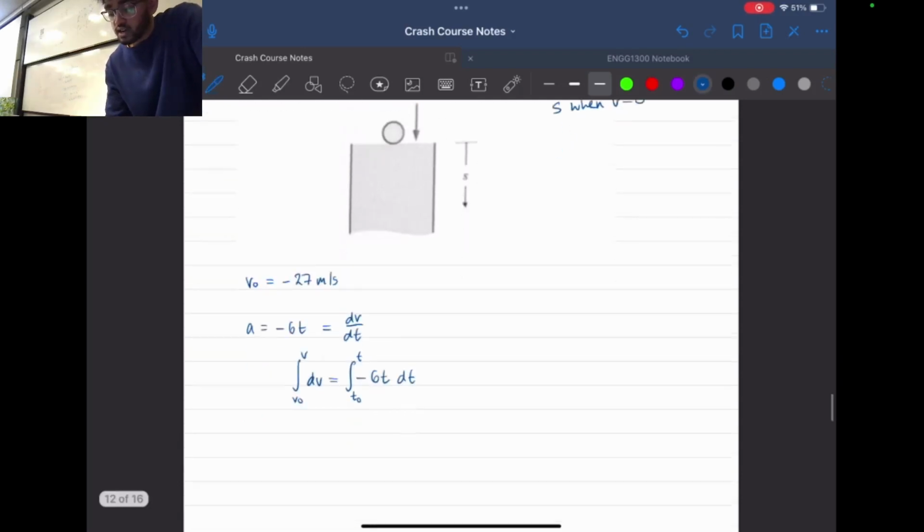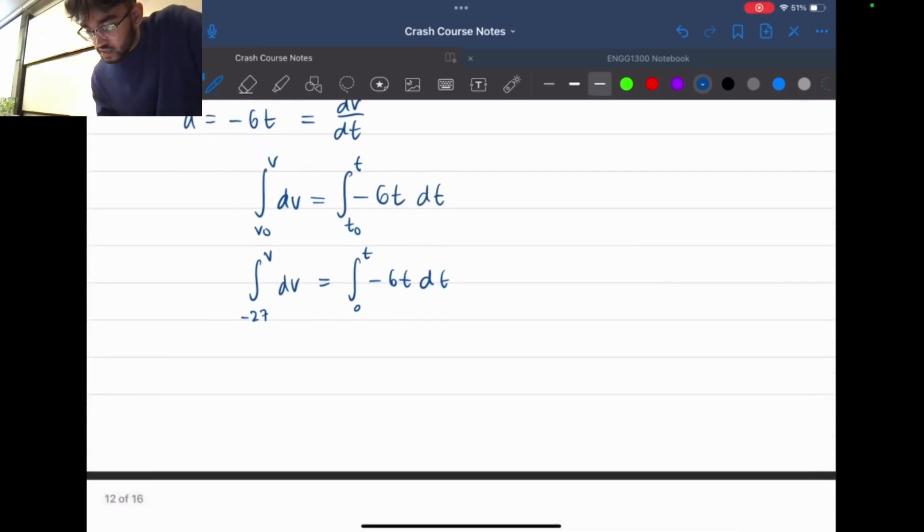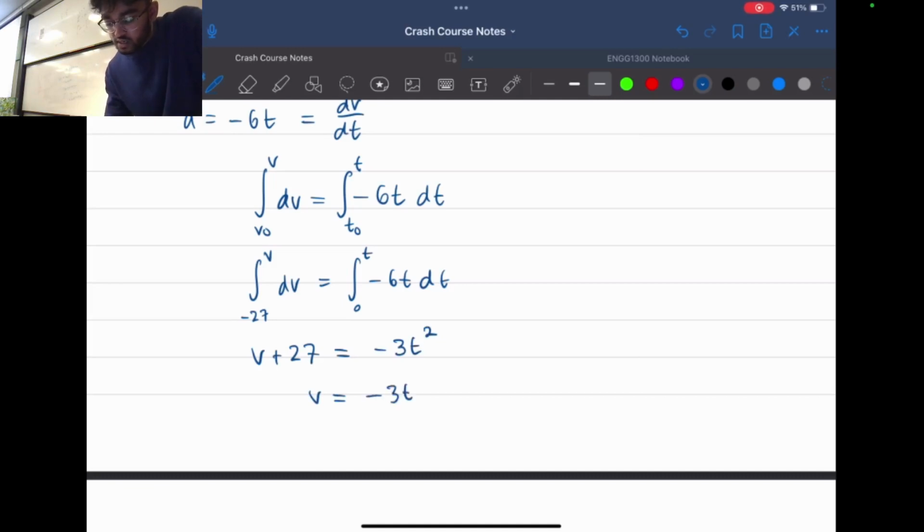Yeah, t0 is just 0, and v0 being? It has to be negative 27. Negative 27, yeah. So this will just give us v plus 27 is equal to minus 3t squared divided by 2, yeah, minus 3t squared. So we have a velocity formula of minus 3t squared minus 27.